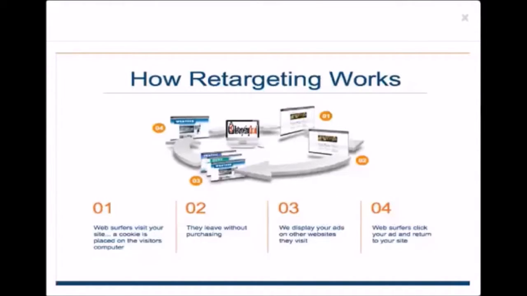It's not malware, it's not spyware. It's just a pixel. And then when they leave, as they surf the internet, we can display our ads or your ads on the websites as they visit. Now, there's well over 40 million websites that they could potentially visit to see the ad.